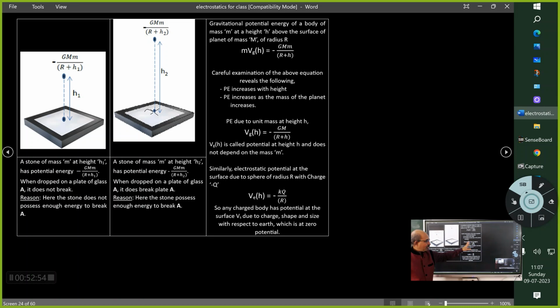Now here Earth has got mass M, and another body of mass m will get attracted, so I am using this formula. Now if height increases, look at this formula. Will the potential energy decrease or increase?